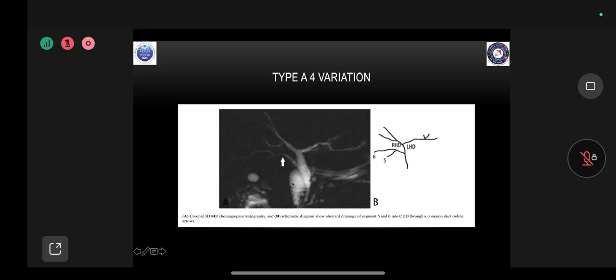So the idea about showing all these variations is not theoretical. You may or may not know. The idea is to identify them so that during surgery you are well in control of how to manage leaks which are present. The thing about bile leak is they are best prevented.